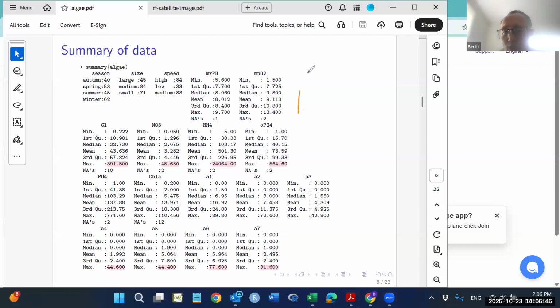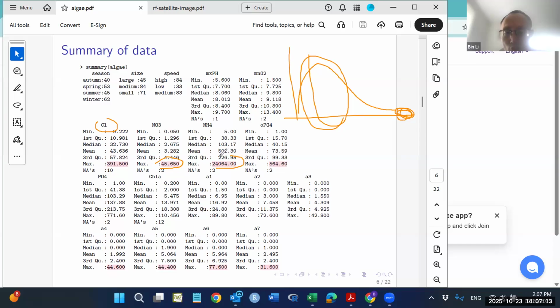So you can see that these variables are highly skewed to the right. What does skewed to the right mean? If I plot the histogram, it probably looks like that. The majority of the data are not that large, but we do observe some extremely large observations on the right side. That's for CL. But if you look at other chemical parameters, we see that a lot.